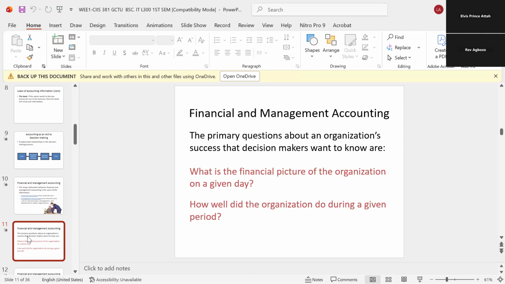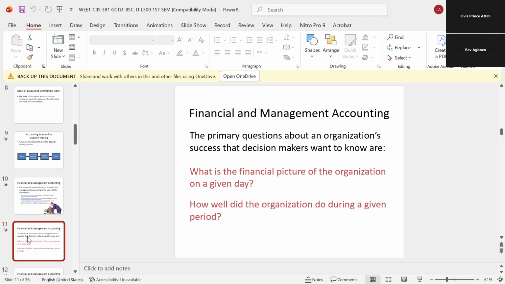The primary questions about an organization's success that decision makers want to know are: what is the financial picture of the organization on a given date or time? How well did the organization do during a given period? Usually 1 year. We call it financial year, or accounting period.